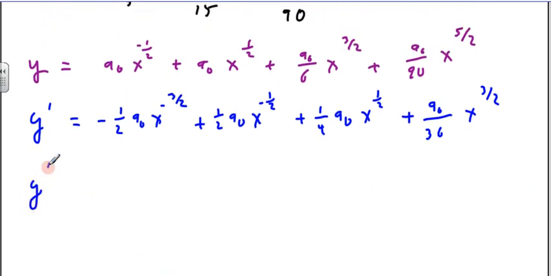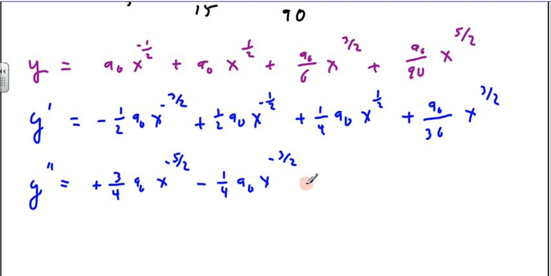Okay, so y double prime plus 3 over 4 a0 x to the minus 5 over 2 minus 1/4 a0 x to the minus 3/2 plus 1/8 a0 x to the minus 1/2 plus, 3 goes into there, 12 times 2 is 24, a0 over 24 x to the 5 over 2.